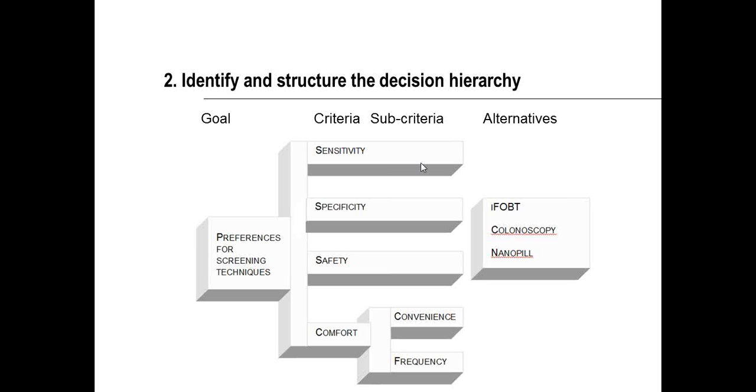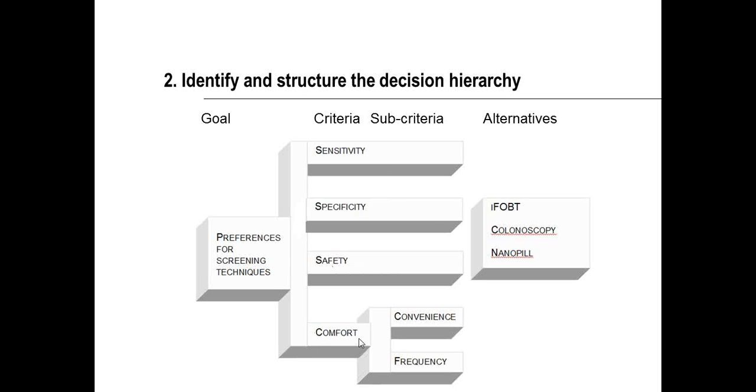But they came up with, first, the sensitivity: if you have colorectal cancer, the test is able to detect it. And also the specificity: if you do not have colorectal cancer, the test also confirms this, so you won't be sent to the hospital for follow-up tests. Then the safety during the test, and also the comfort.